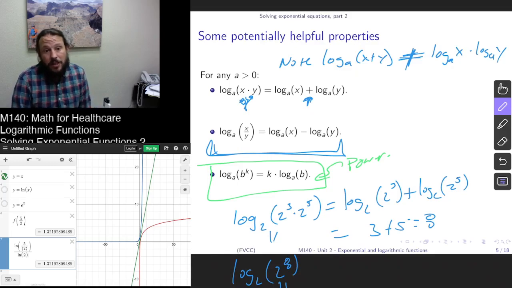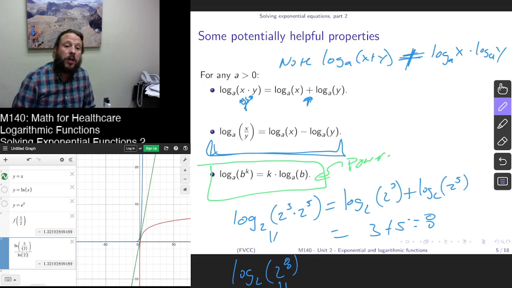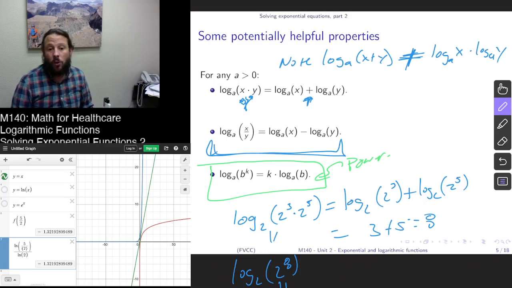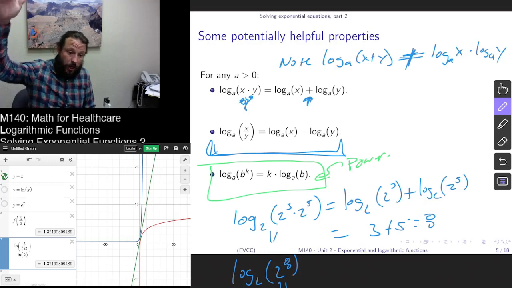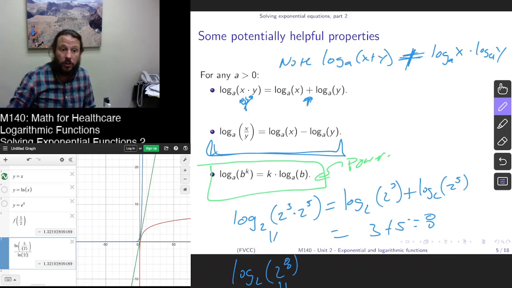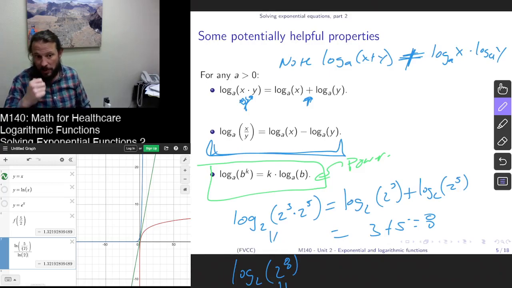Why does that make sense? Think about it in repetitive multiplications of things with exponents and similar bases. It's kind of like raising something with an exponent and then raising that to a power, and we multiplied those things. Similar idea.